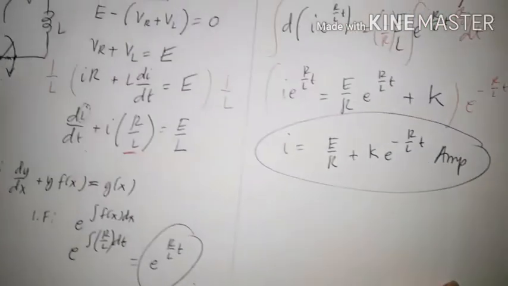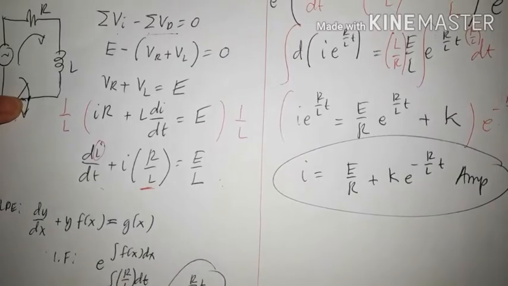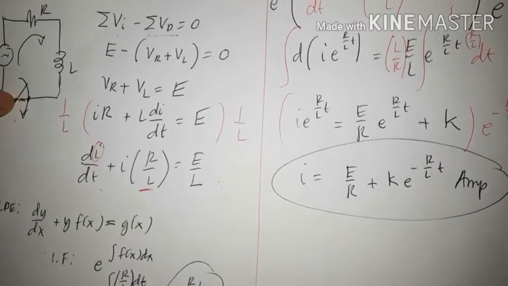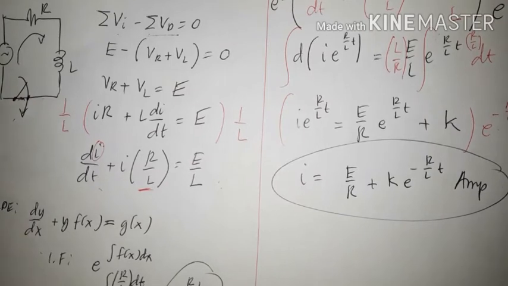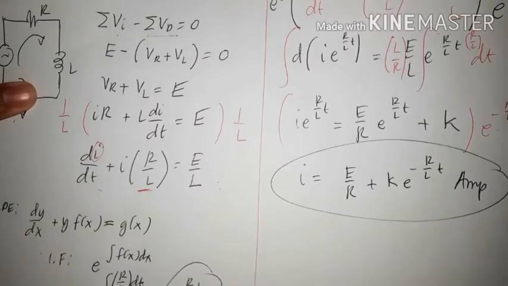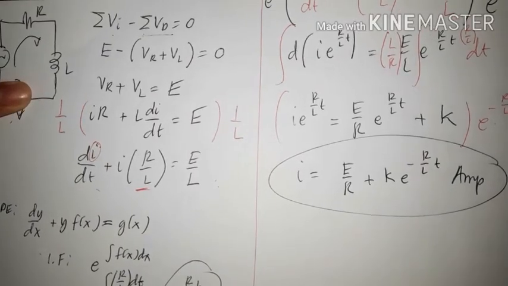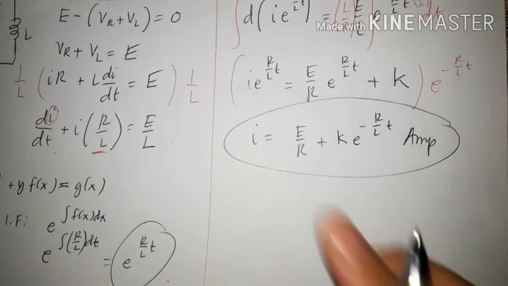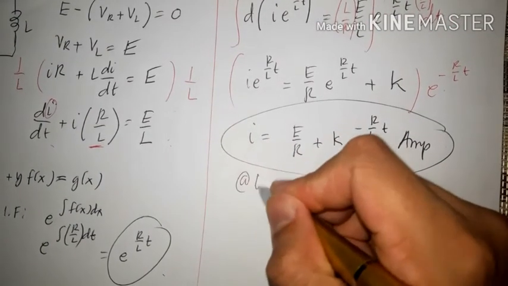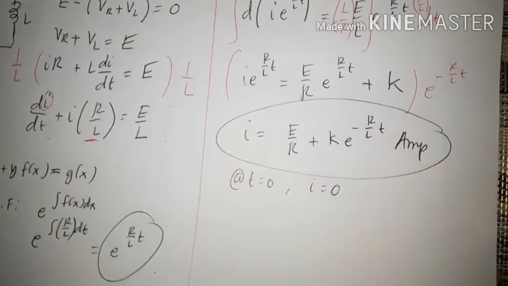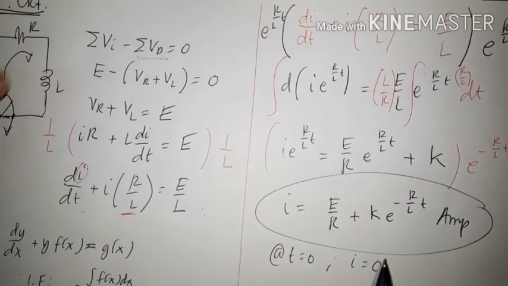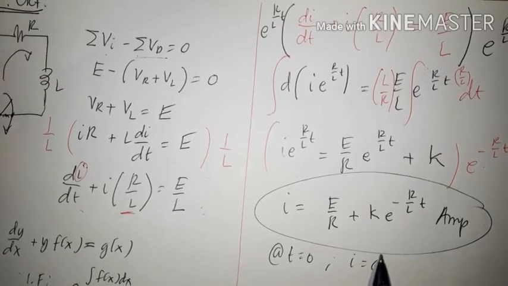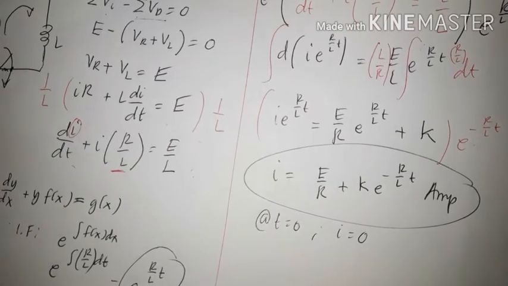But since at time t is 0, of course the switch is still open. When we close the switch, that is the very time that we will have charge flowing, or the current flow. Therefore, at time t is 0, the current in that particular circuit is assumed to be 0, since there is no current running yet because the switch has not been turned on.